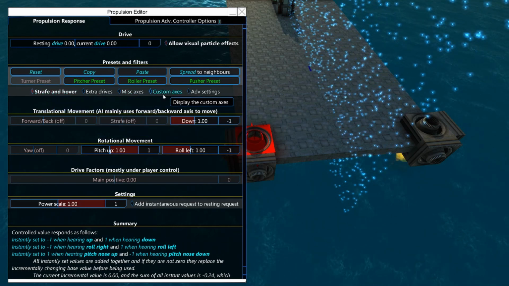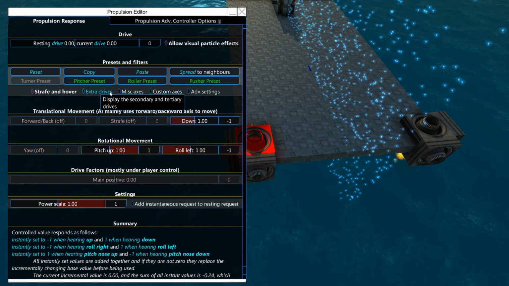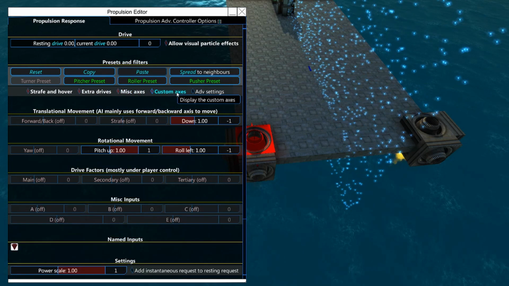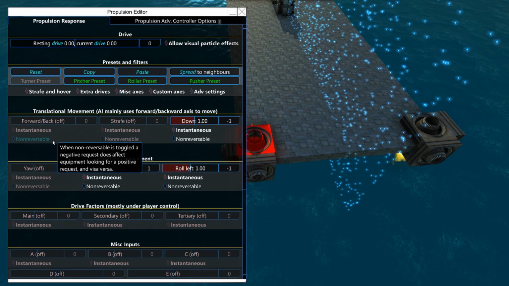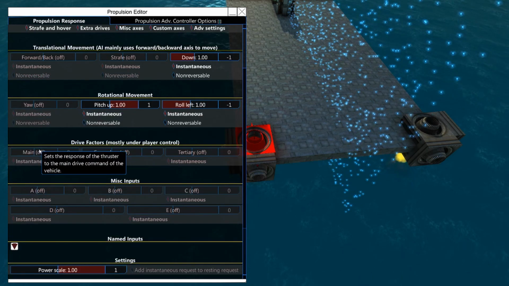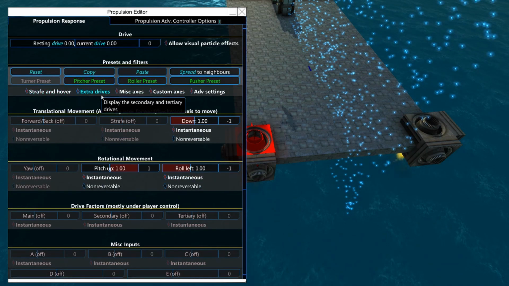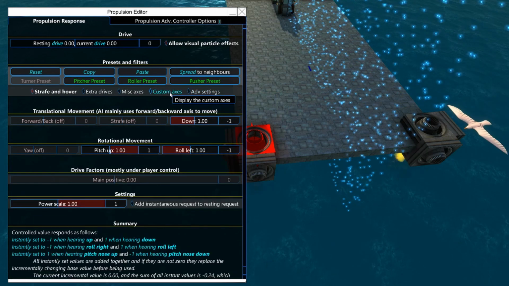So under this we've got 5 checkboxes here, and these are basically options for what's displayed on this UI. If I start turning more and more of these on, the UI starts getting more and more complex. And this is sometimes usable, sometimes useful rather, but for the most part I find having the strafe and hover settings on is enough to control almost as complex of a vehicle as I care to control.